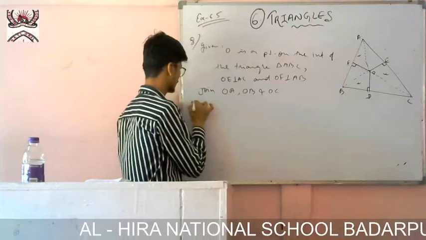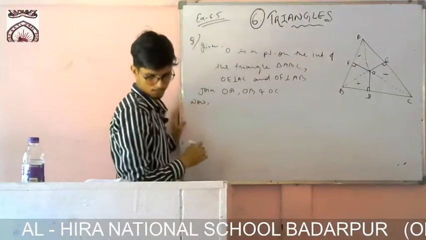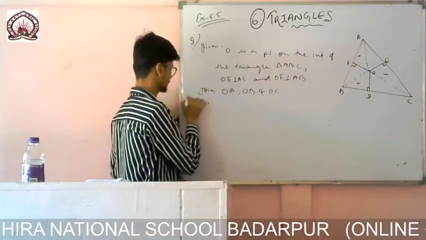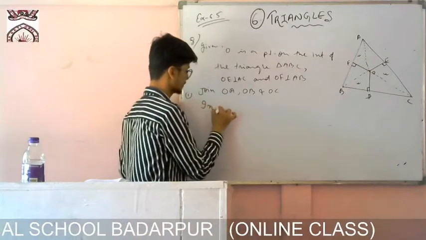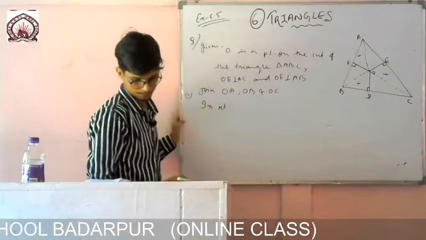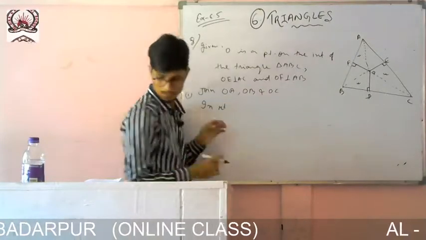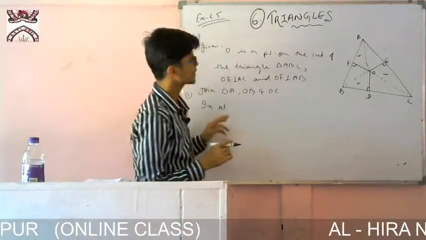Now for the first one, I am writing the Roman number 1, or you can write in right triangle. Which triangles are we talking about?